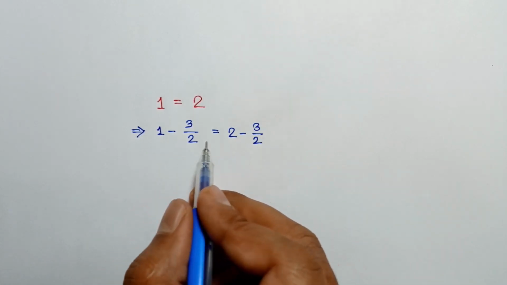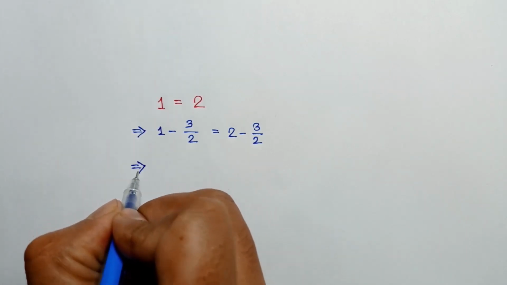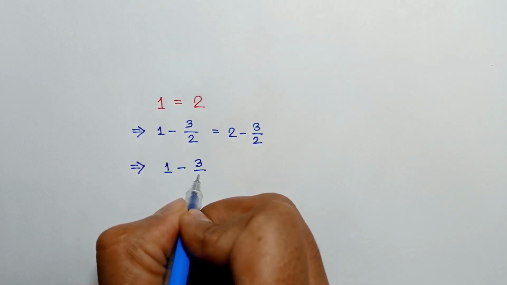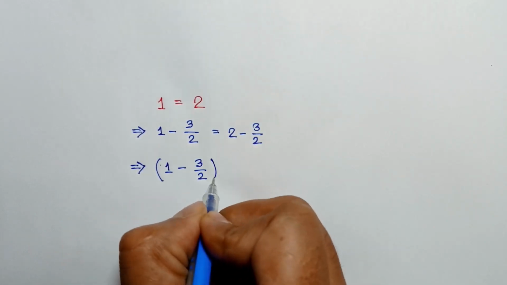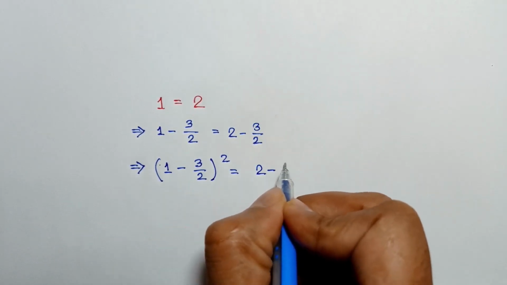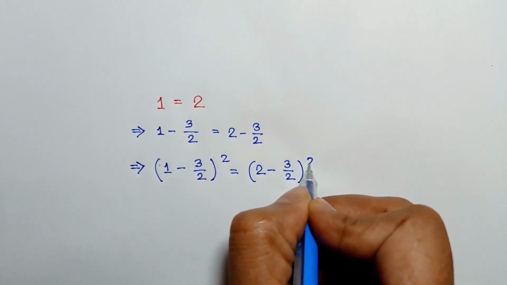Now taking a square to both sides, we will have (1 minus 3 over 2) whole square is equal to (2 minus 3 over 2) whole square.